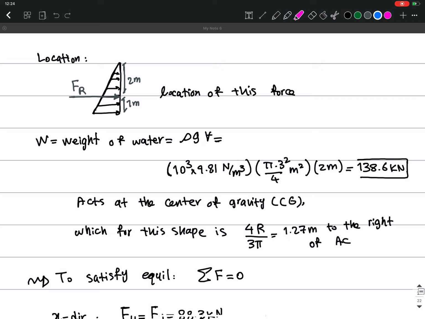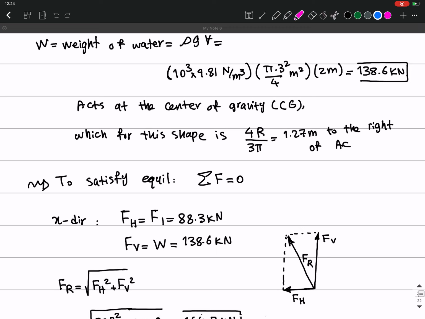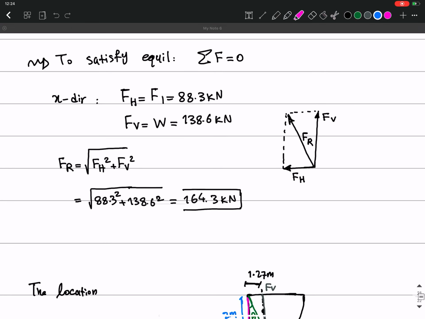And then the weight of the water, which is shown here, you just calculate the volume of the water and then multiply it by rho g. So it's going to give us the weight of the water, which acts at the center of gravity. And the center of gravity, you can find it from tables for different shapes. For this one it is 4r over 3 pi. And then you find the horizontal and vertical forces.